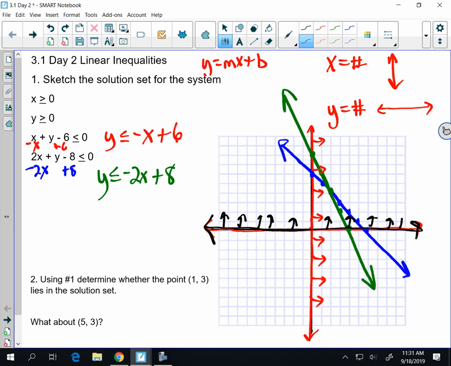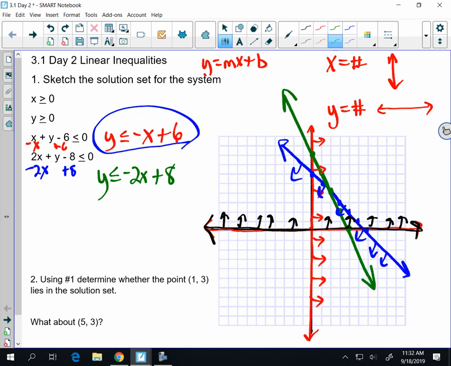If I was just shading where those overlapped, it would be everything in the first quadrant here. If I switch to my blue line, which was this equation, even though I wrote it in red, everything less than that blue line would be going in this direction, right? So now it's definitely closing in on my area.